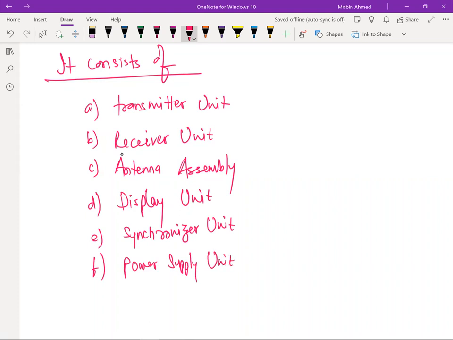So these are the basic units you are going to have: transmitter unit, receiver unit, antenna assembly, display unit, synchronizer, and power supply unit. Now, the working principle is again very simple. Working principle.